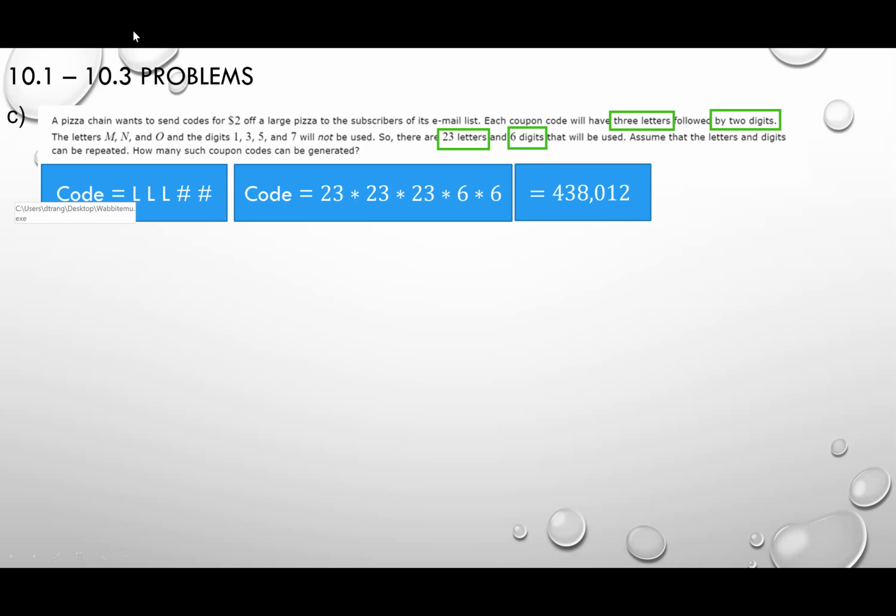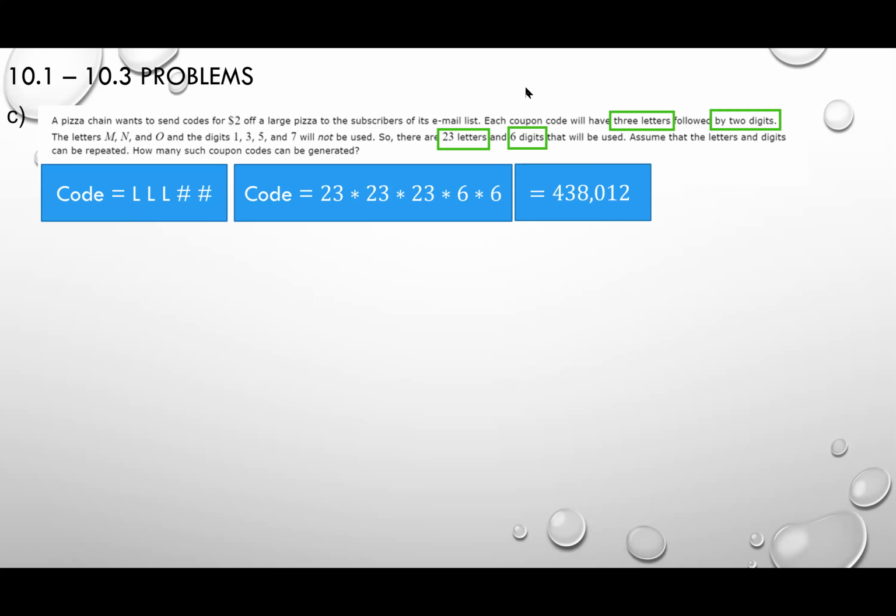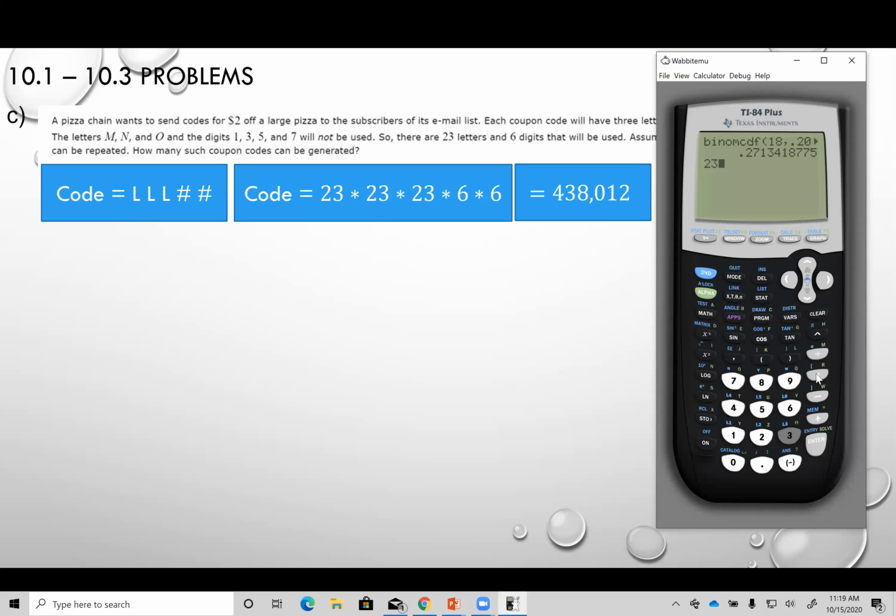So again, all you do is take 23 times 23 times 23 times 6 times 6, and that will be your answer, using your calculator.